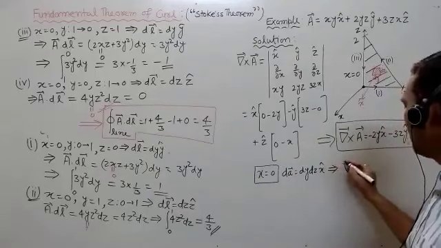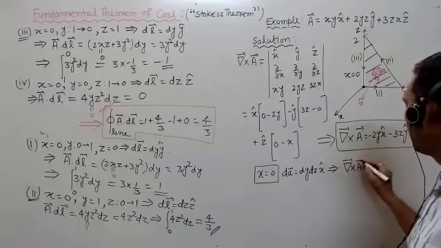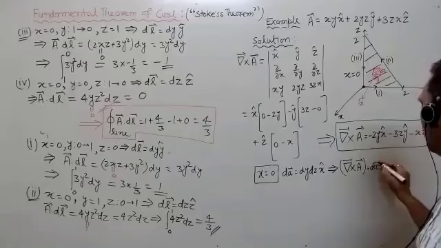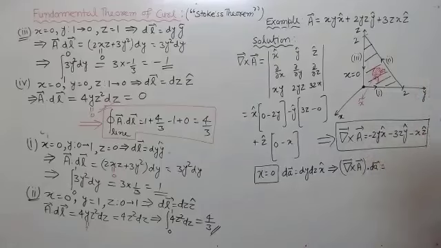So what will be curl of A dot dA? This will be minus 2y dy dz.